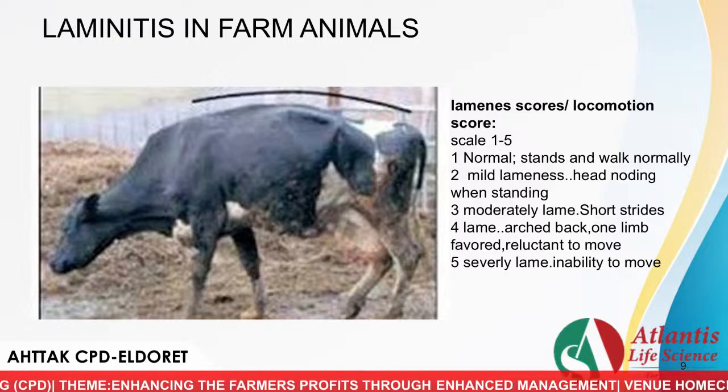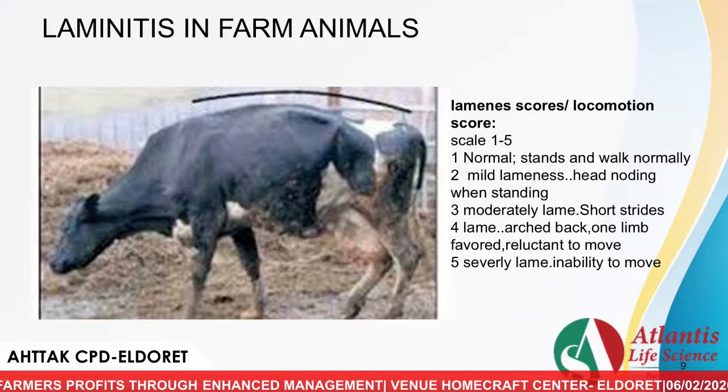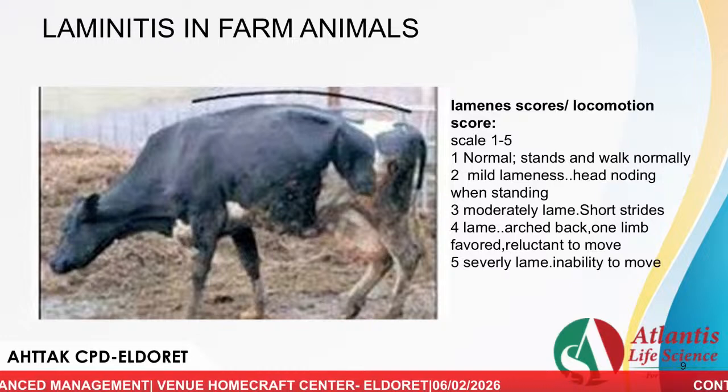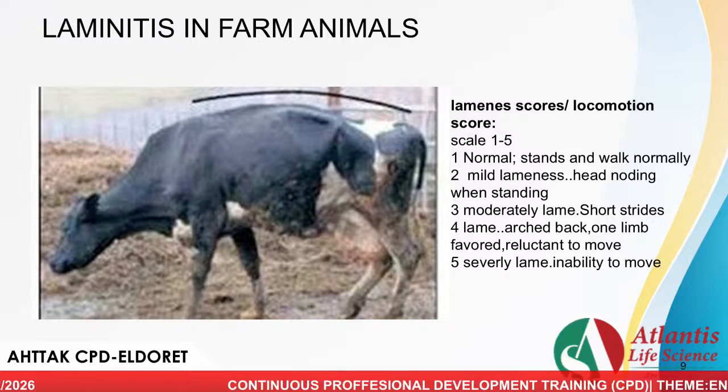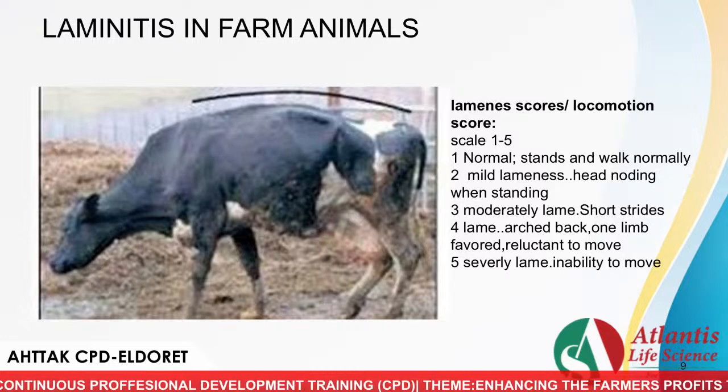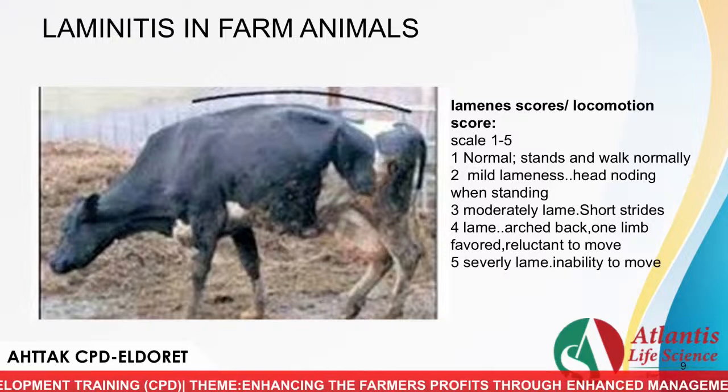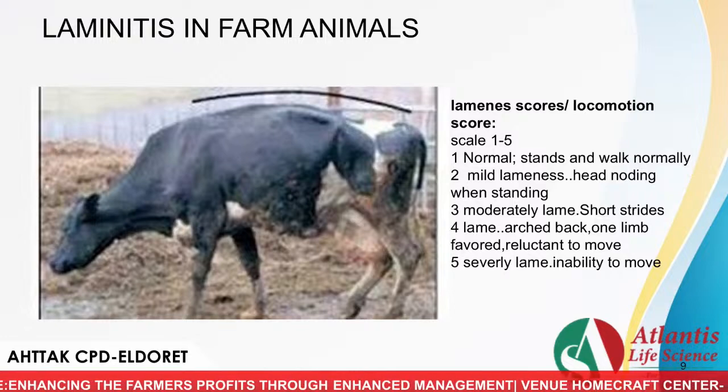And then we have scale number 3. That is when you can now say, I think this animal is having a lameness issue, because it is transitioning from subclinical to clinical. There are signs now that you can see and say this animal must be having an issue. For scale number 3, the animal is moving with short strides, compromised walking.